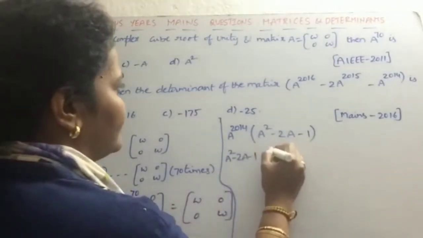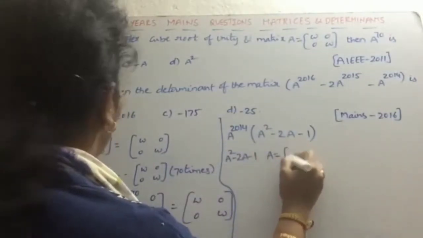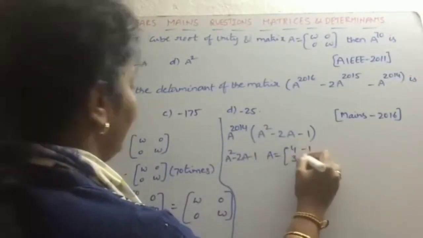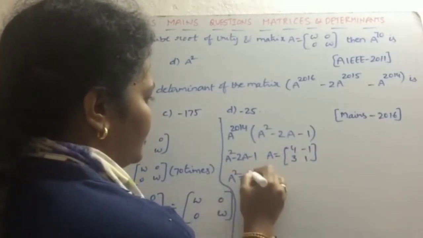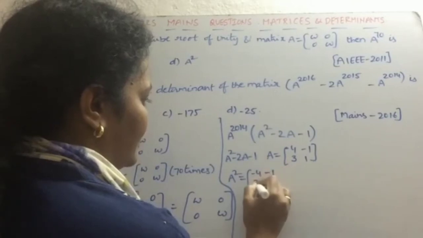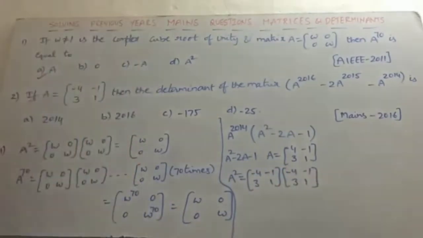Now we will find the value of A square minus 2A minus 1. What is A? It is given A equals minus 4, minus 1, 3, 1. Now we will find A square: A square equals minus 4, minus 1, 3, 1 into minus 4, minus 1, 3, 1.